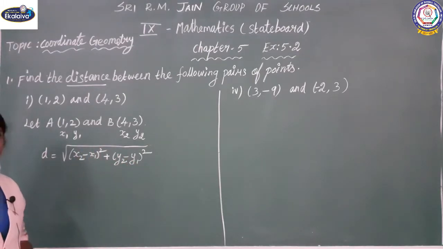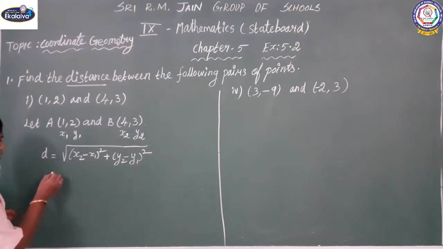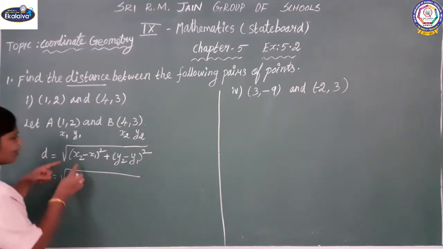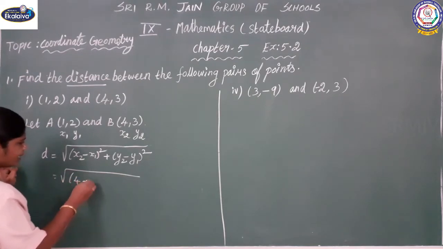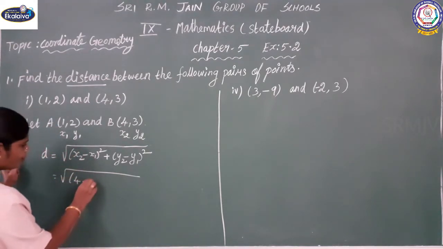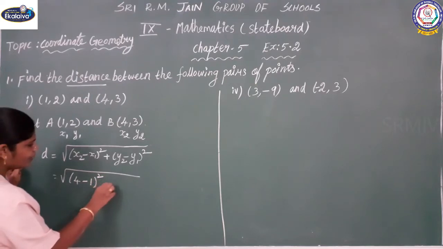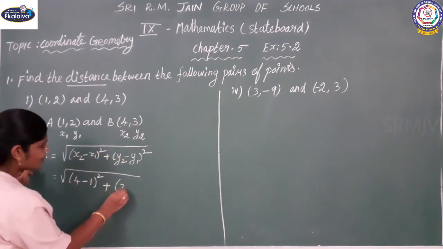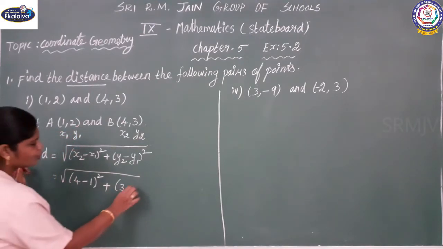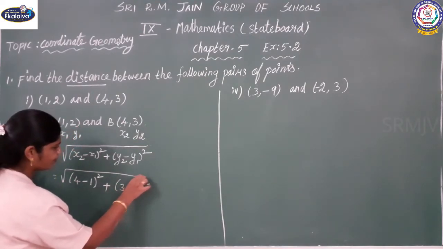Here we are going to substitute the values. Root of x2. What is the x2 value, children? 4 minus x1 value 1 the whole square plus y2, the y2 value 3 minus y1 2 the whole square.